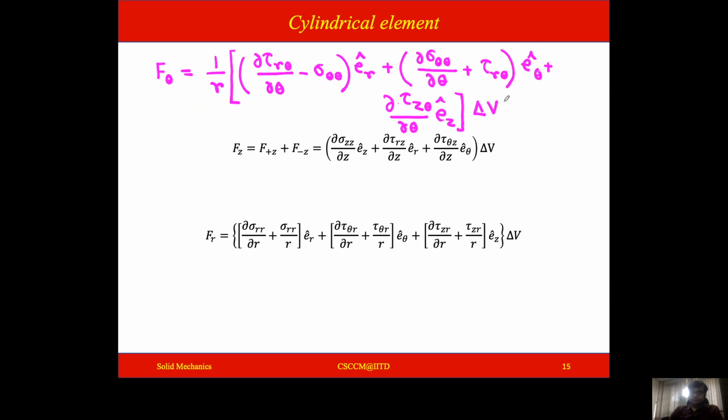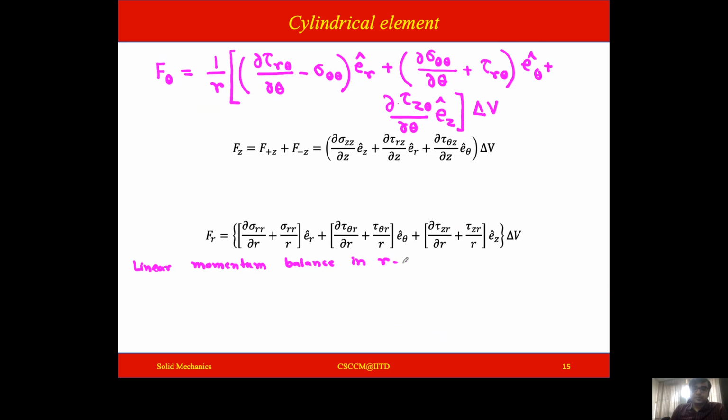And these are total forces acting on a plane, say on r plane, z plane, and theta plane, and not in a given direction. Now, if we want to do the linear momentum balance, say in r direction, so let us say I want to do linear momentum balance in r direction.